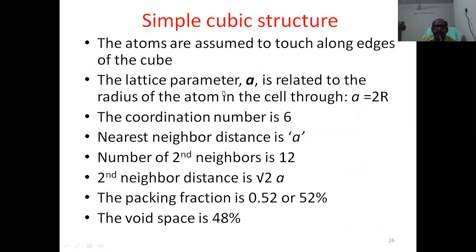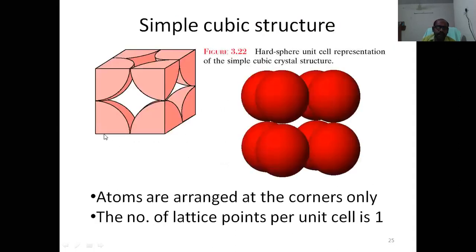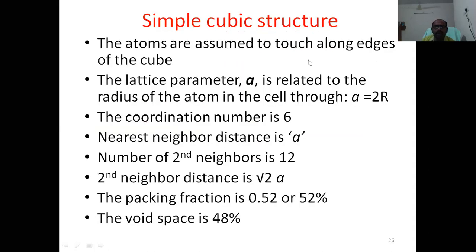The lattice parameter a is related to the radius of the atom. From here to here is r, the radius of one atom, and another r for the other atom, so this length is 2r. In terms of the lattice constant, this length is a. So a is equal to 2r.